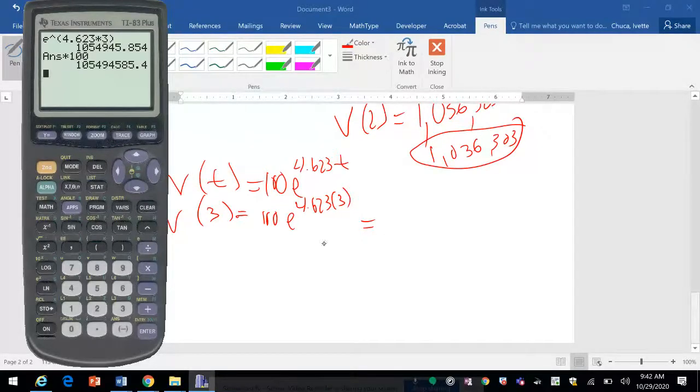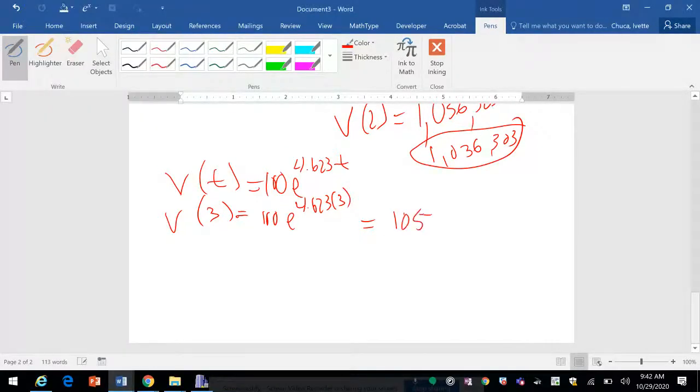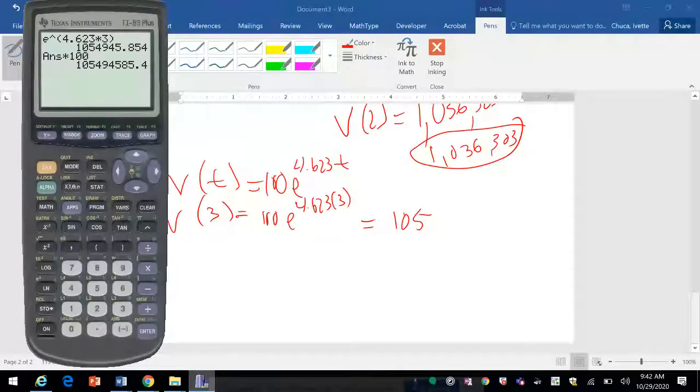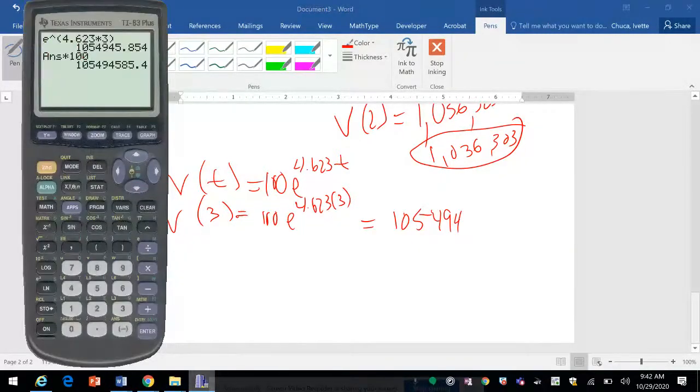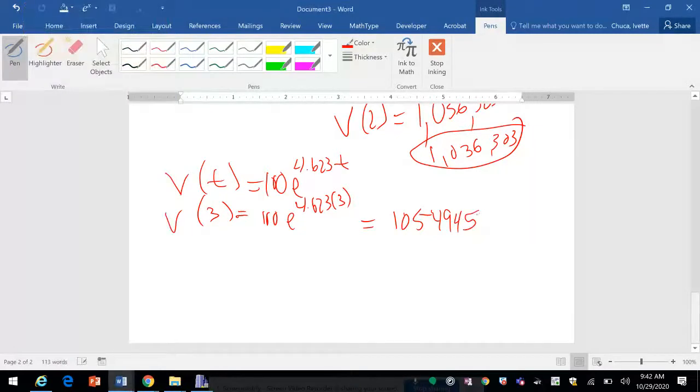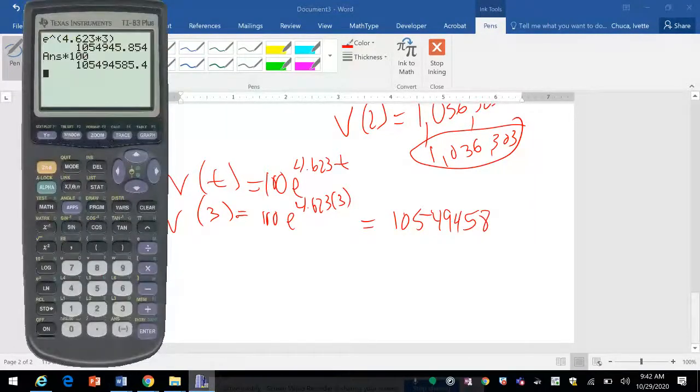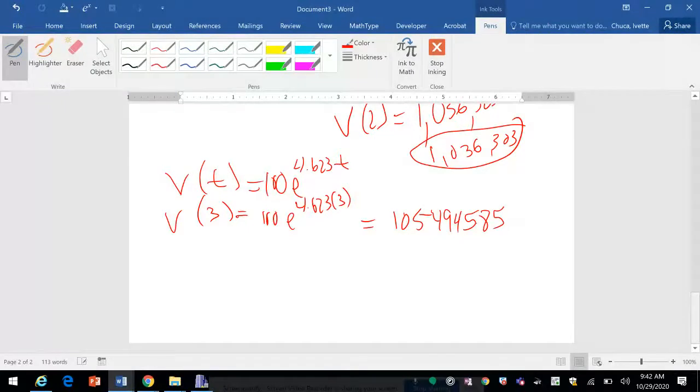So we end up with 105,494,585 infected computers.